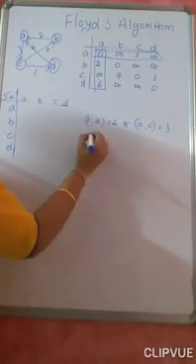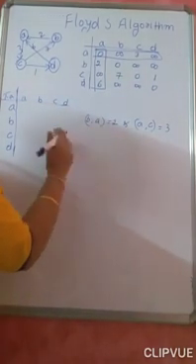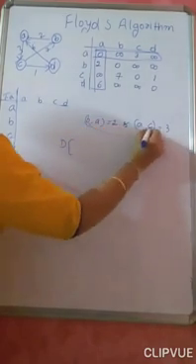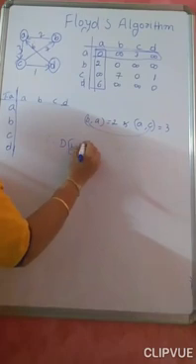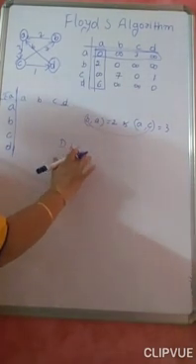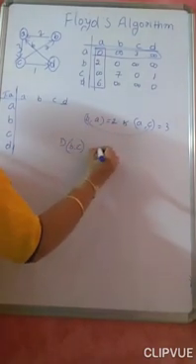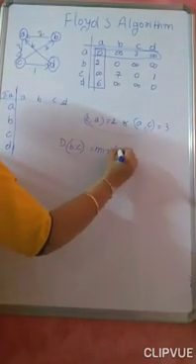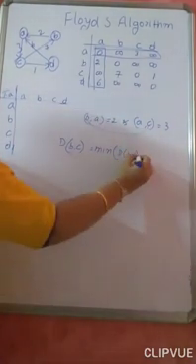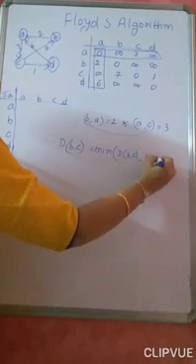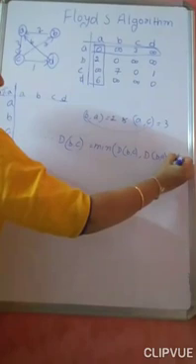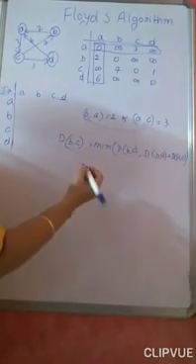So therefore the distance from B to C is the minimum of the previous distance you are having, B to C, or through A, whatever the distance you are having, that is B to A plus A to C, whichever is the minimum.